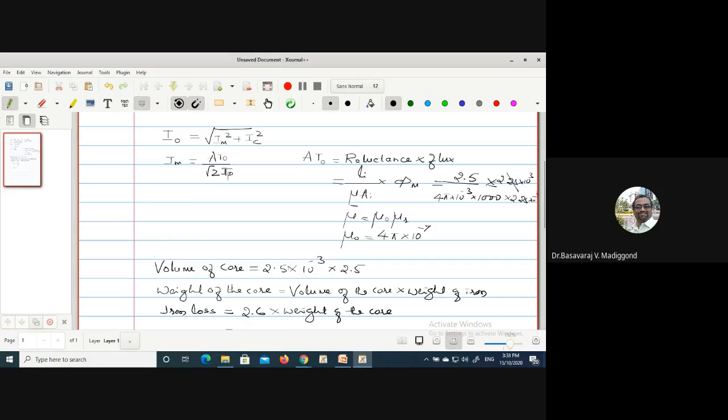So this will cancel, na? So finally, 2.5 divided by 4 pi into 10 raised to minus 3 into 1000. How much will you get? 1989.43.